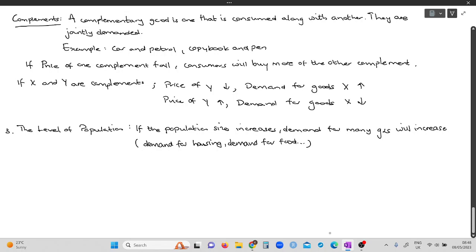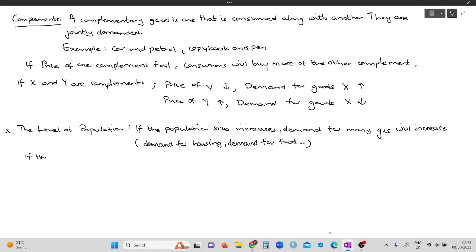Now, if we're talking about the structure of the population, donc la structure d'une population, c'est-à-dire what are the types of people who are living here? Whether we have more young people, whether we have more elderly people. Let's take, for example, the context where there is a change in the population structure where we have more elderly people. We don't say old people, we say the elderly.